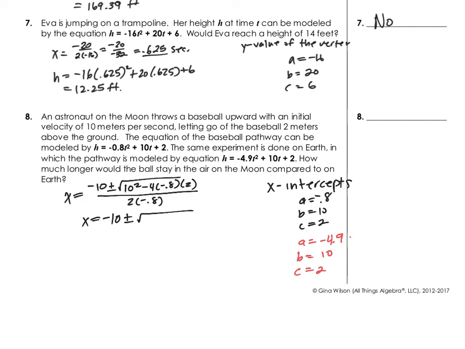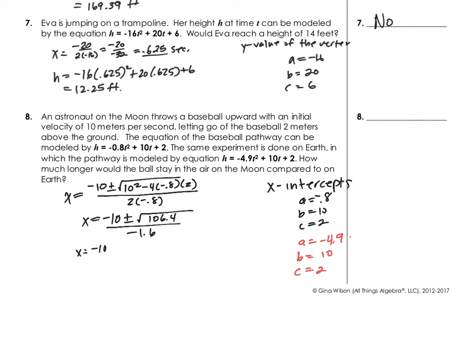I'm going to do this out in the calculator. 10 squared minus 4 times negative 0.8 times 2. And I got 106.4, all over 2 times negative 0.8. 2 times negative 0.8, that's negative 1.6. So the square root of 106.4 is 10.315.